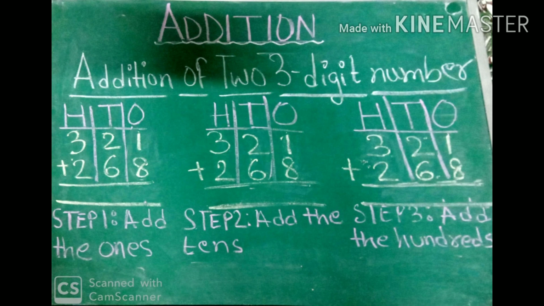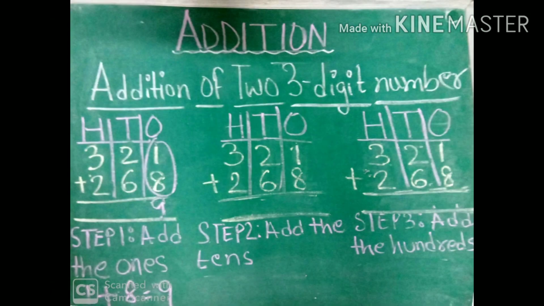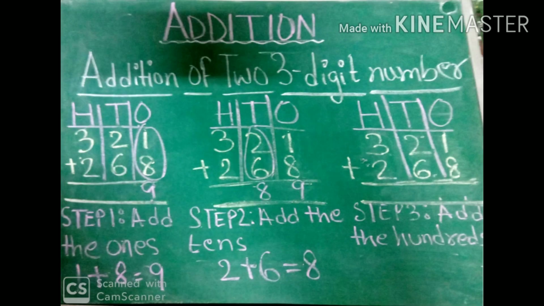Let's see one more example. That is 321 plus 268. Step 1. Add the ones. 1 plus 8 gives us 9. Step 2.